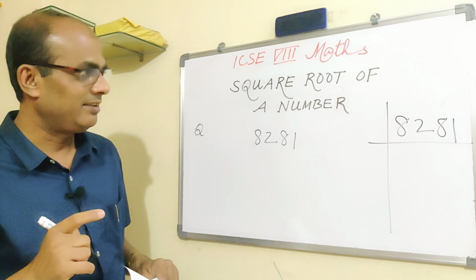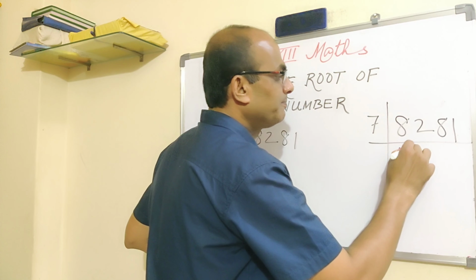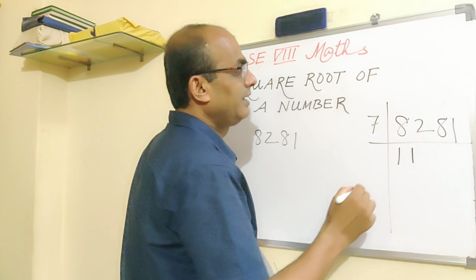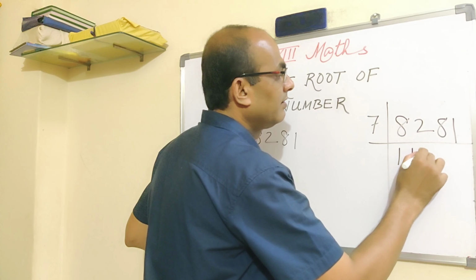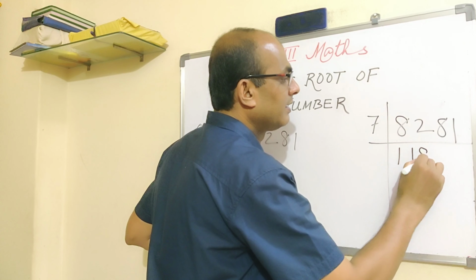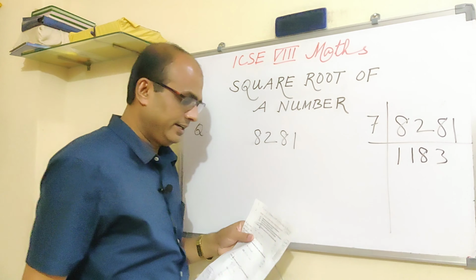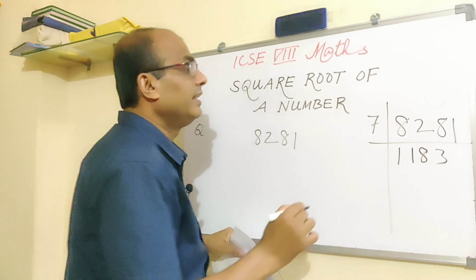7 1s are 7. 1 plus 2, 12. Then again 7 1s are 7. 5, 8, 58. Then 7 8s are 56. 2 1, 21. 7 3s are... So 1183 you are getting. And then again 7.